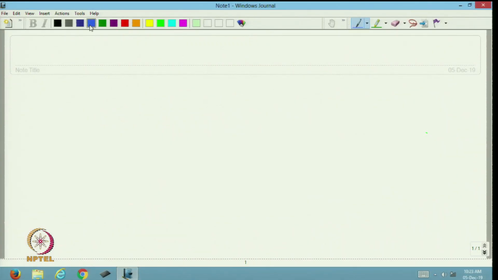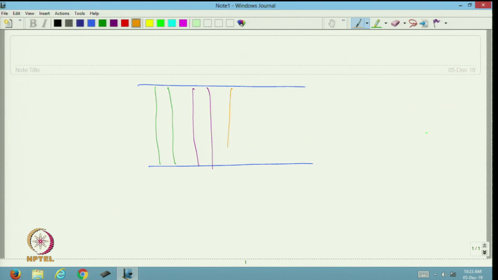Now, let us try to understand. Suppose this is a filtration system, and it consists of a number of filter layers: filter 1, filter 2, filter 3, filter 4.